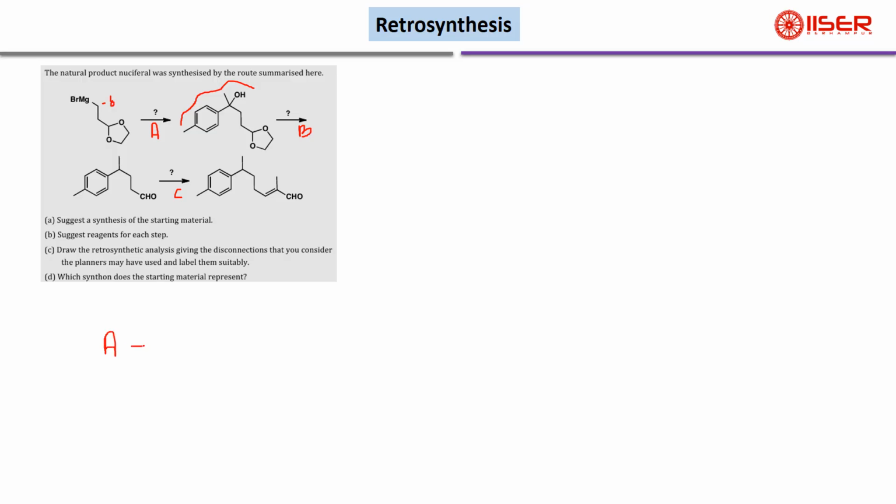A is this aldehyde, ketone. You take this ketone and add to this Grignard. The Grignard will attack this keto center.